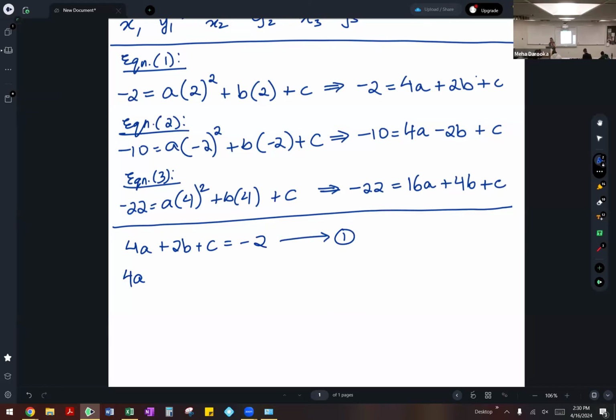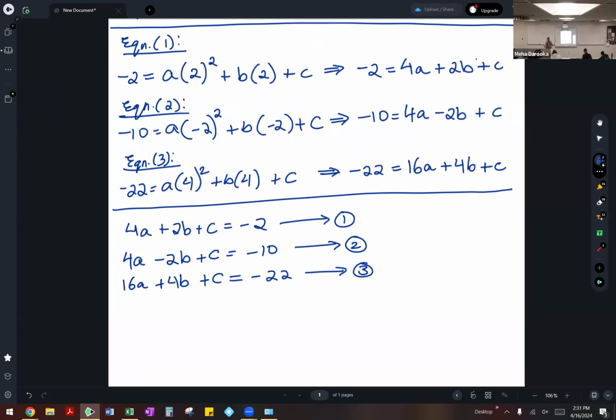Then we had 4A minus 2B plus C equals -10. That was our equation 2. And the last one was 16A plus 4B plus C equals negative 22, and that one was equation 3.